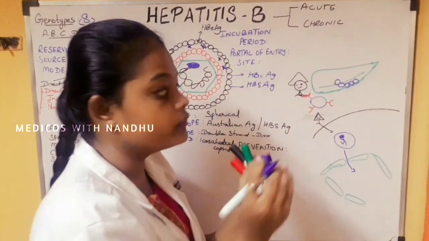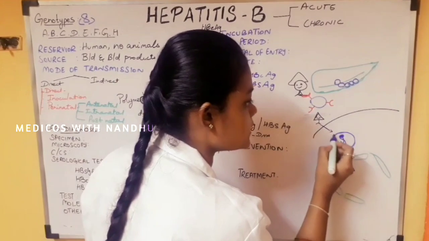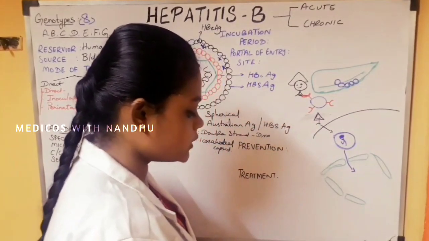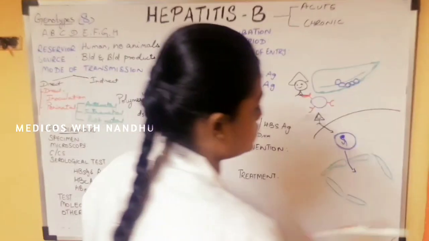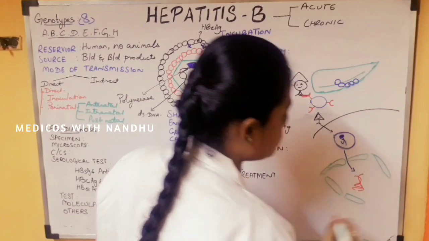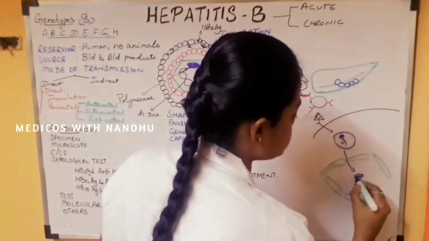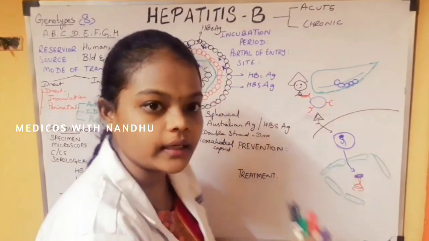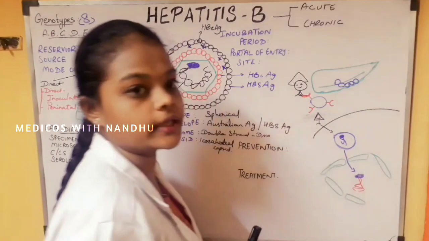How does it enter? Without the core. This is the core which is present, but without the core it enters. So this is a double-stranded DNA, and this will be the polymerase. Only this part will be released from the cell membrane to the nucleus.